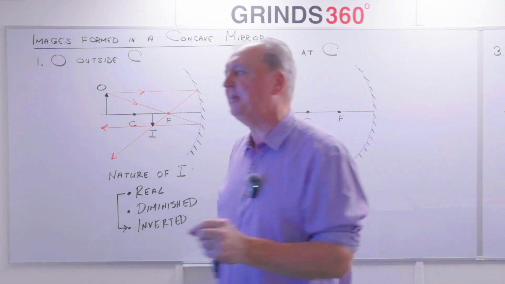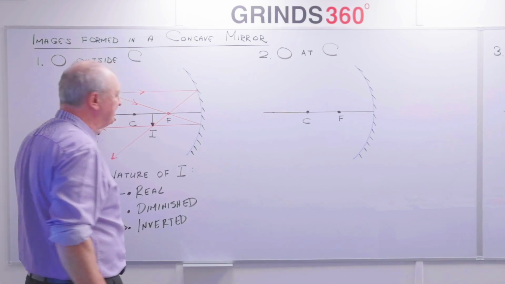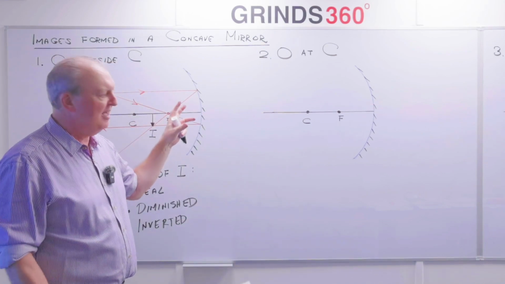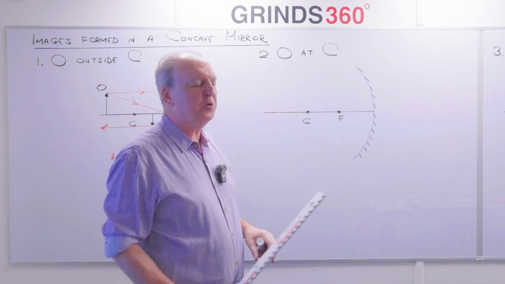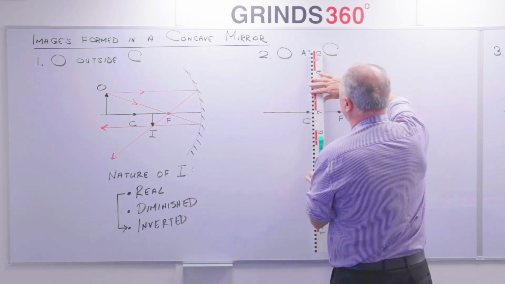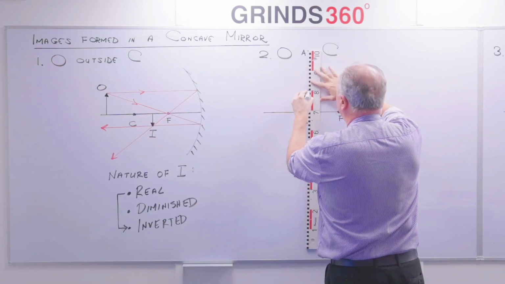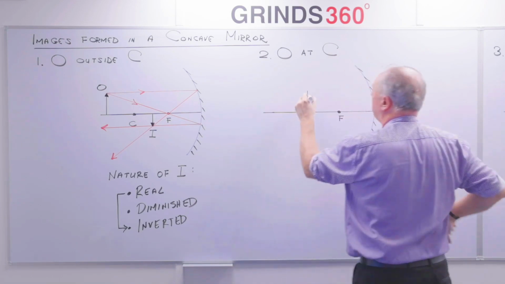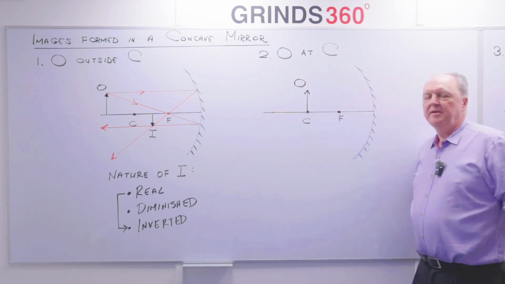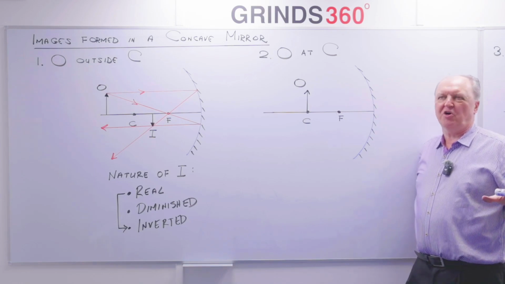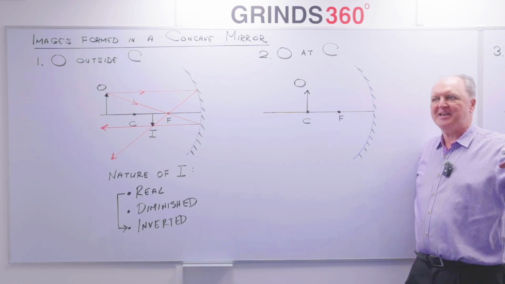Now what's going to happen is I'm going to push that object in closer and closer and closer and see how the image changes. The next thing, number 2, I'm now going to place my object at C. Now, this one is a little bit tricky to draw because I'm going to tell you right now what the answer is.